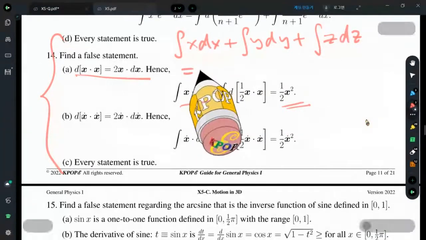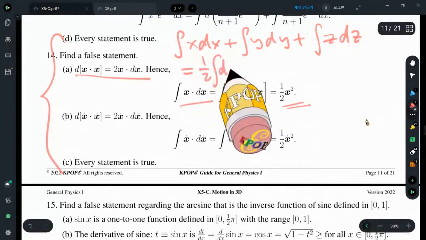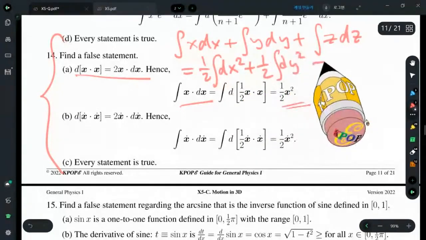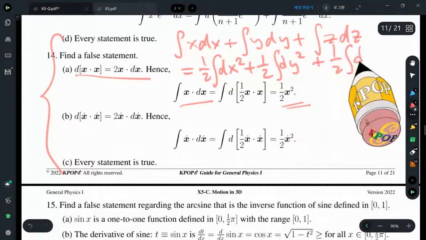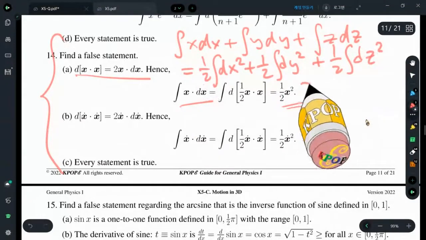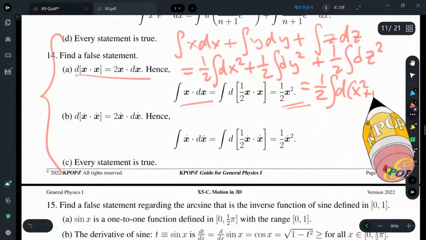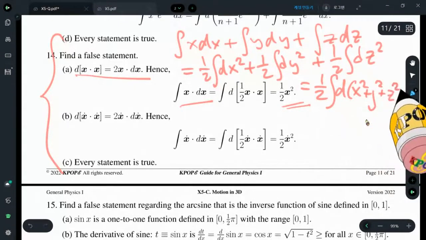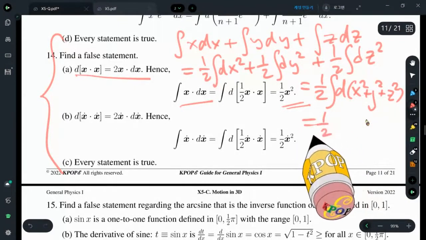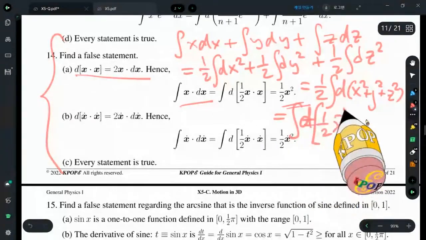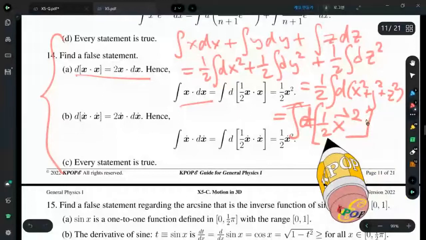This is 1/2 of d x squared, 1/2 d y squared, 1/2 d z squared. And actually this is 1/2 of d(x squared plus y squared plus z squared). That is the integral of 1/2 d of the x vector squared.